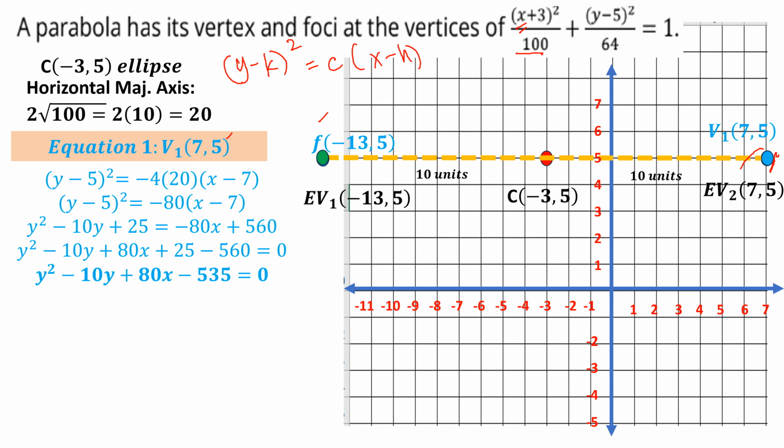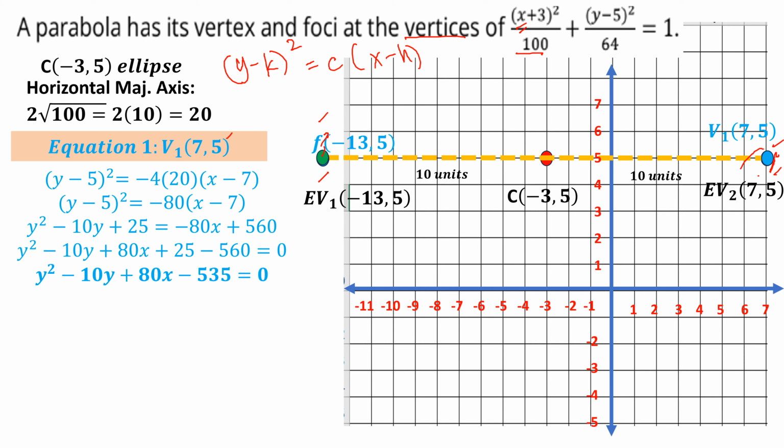So we are now considering our vertex 1 and our focus in relation to it, because a parabola has its vertex and foci at the vertices. They are the vertices of our ellipse. So if we consider this as our vertex 1, this will be our focus. Let's proceed.